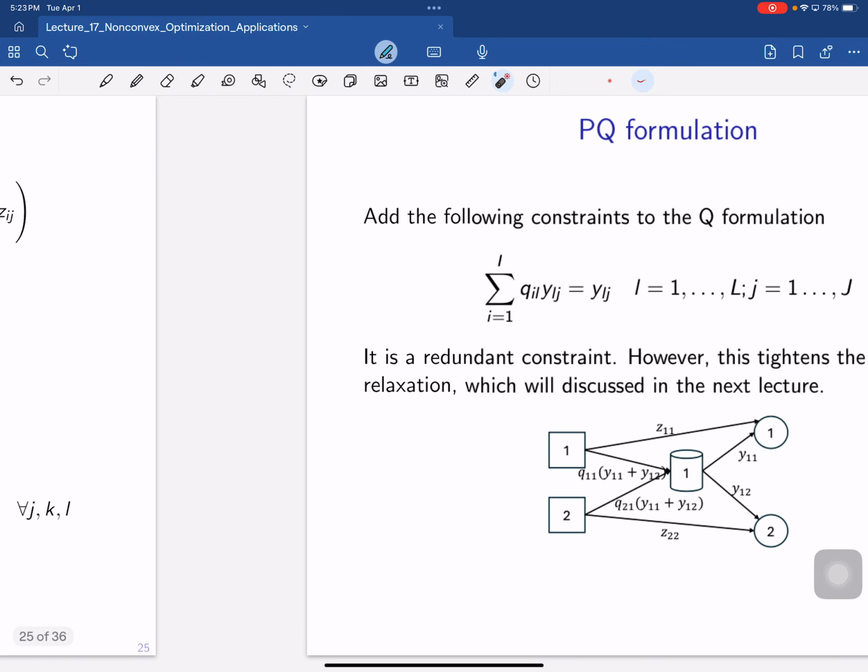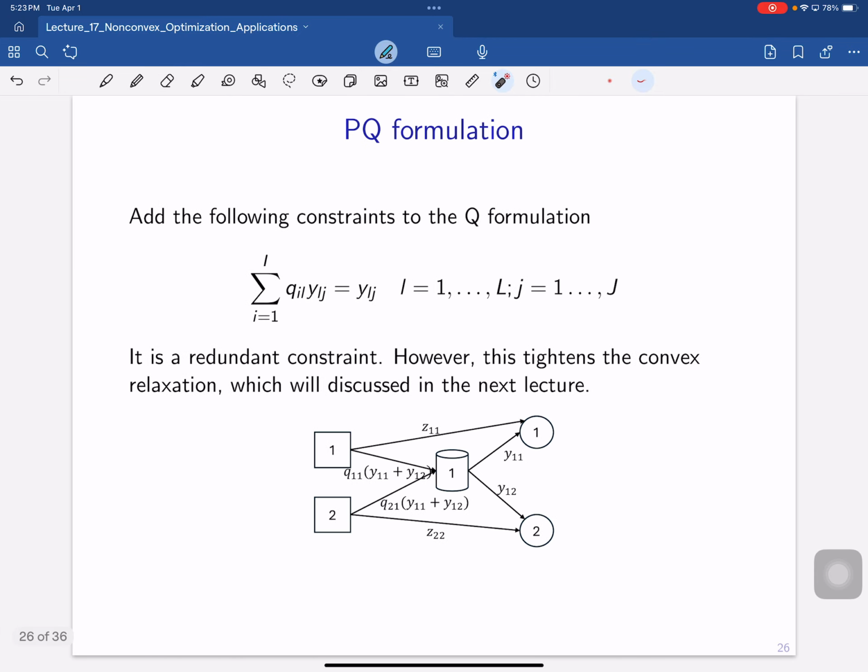Now, there is a different formulation called the PQ formulation. The difference between the Q formulation and the PQ formulation is you add another redundant constraint into this problem. The redundant constraint is the following. You have Q_IL times Y_LJ equals Y_LJ.